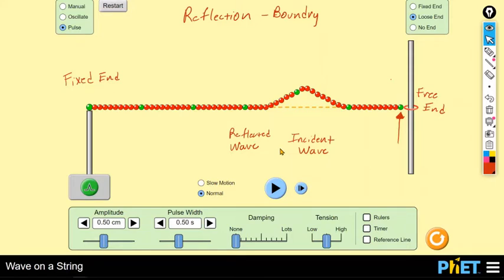Okay, so there's two takeaways from this, two main ideas. For a fixed boundary, the polarity of the amplitude will change.